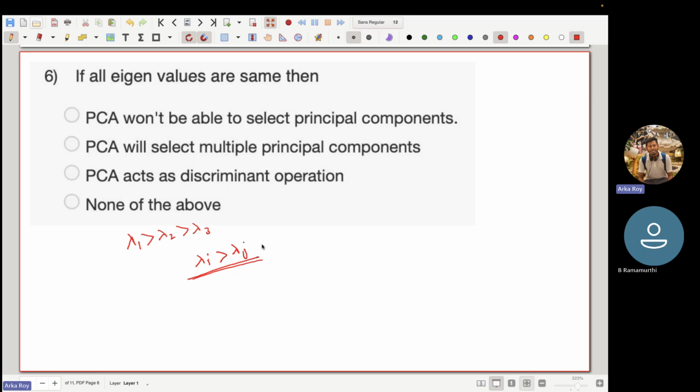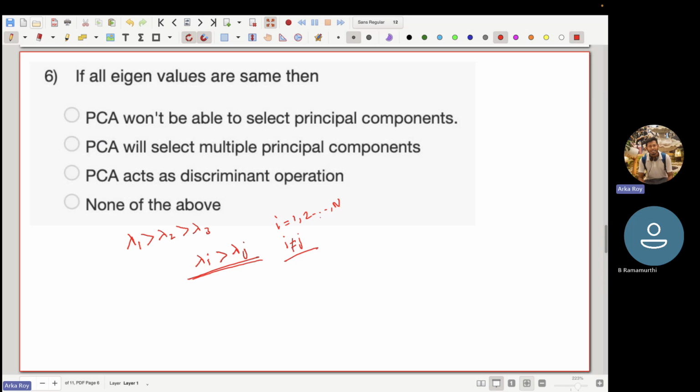Now in this question, they have written that you have calculated, let's say, eigenvalues with i not equal to j. This is the condition. And let's say i runs from 1 to n.